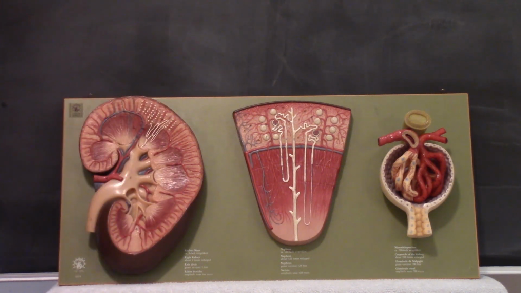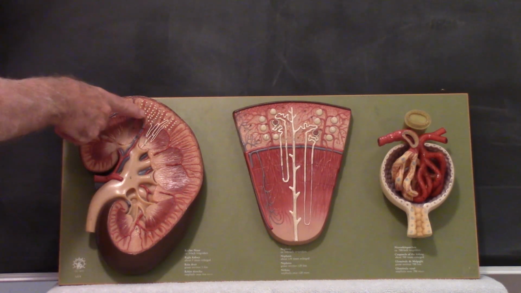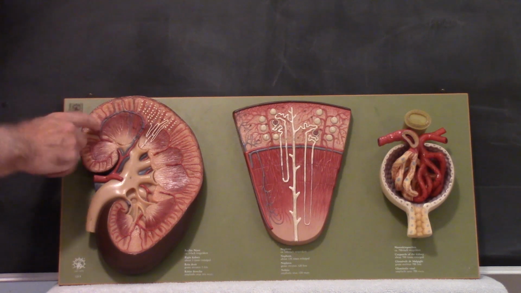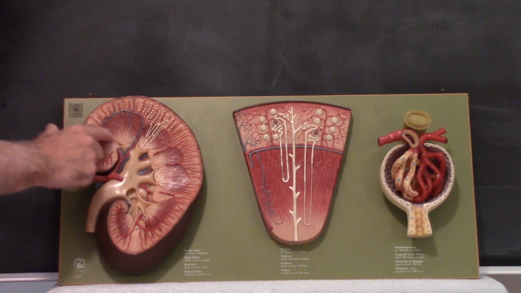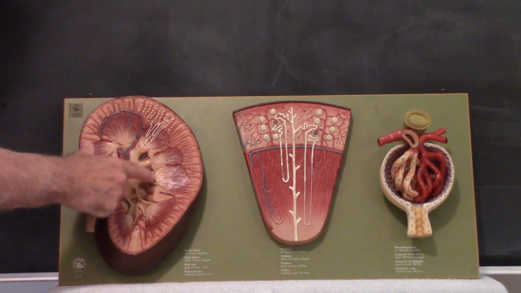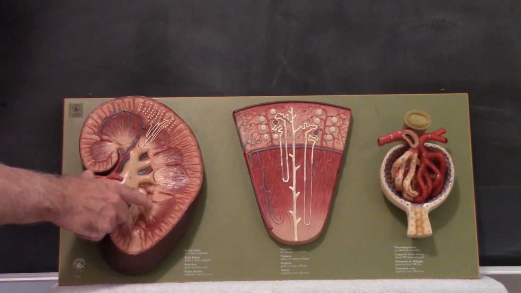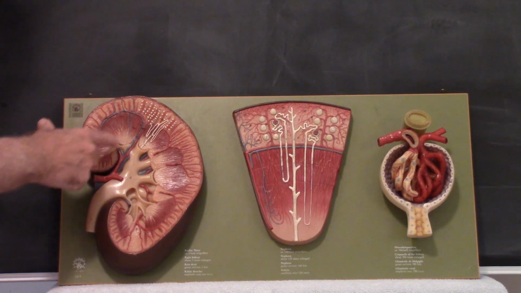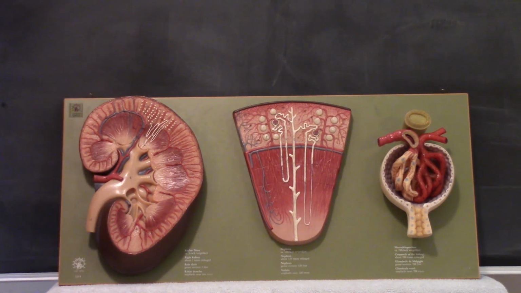And the renal pyramids are triangular shaped in 2 dimensions, which is what we see here. But this would be the base of the triangle here, and then it would come down like this, and here's a triangle there, and a triangle here, and a triangle there, and each of these triangular regions are known as renal pyramids.